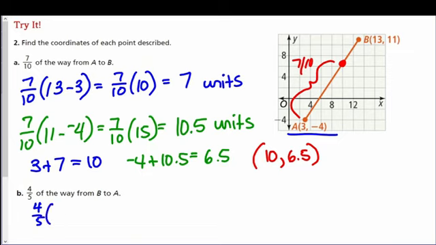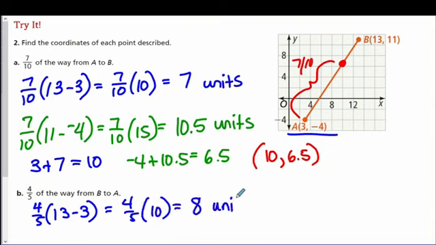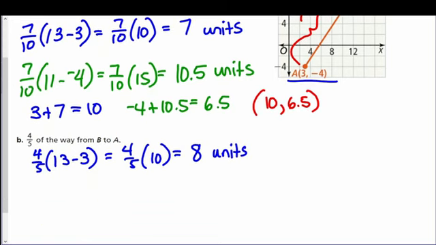So 4/5 of the distance between A and B horizontally, which would be 4/5 times 10, which is 8 units. And then vertically, we're going to find 4/5 of that change, which again is 11 minus negative 4.